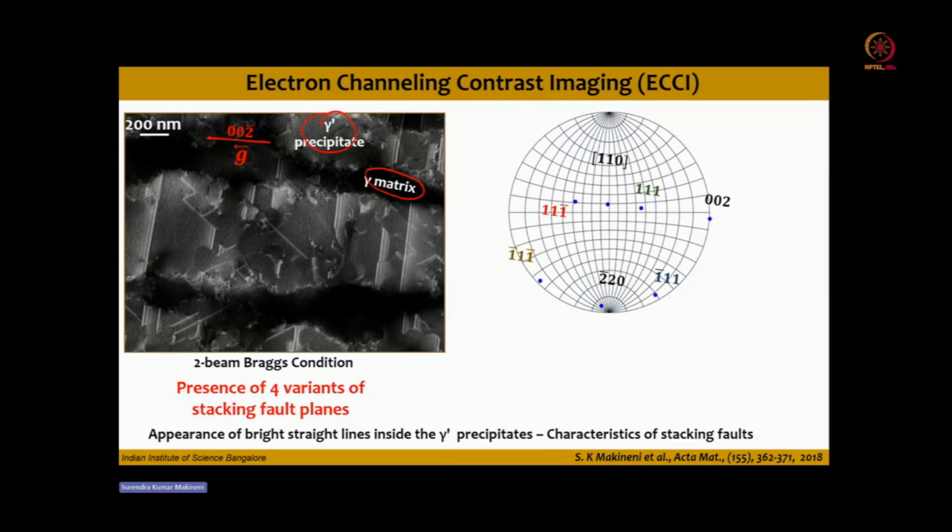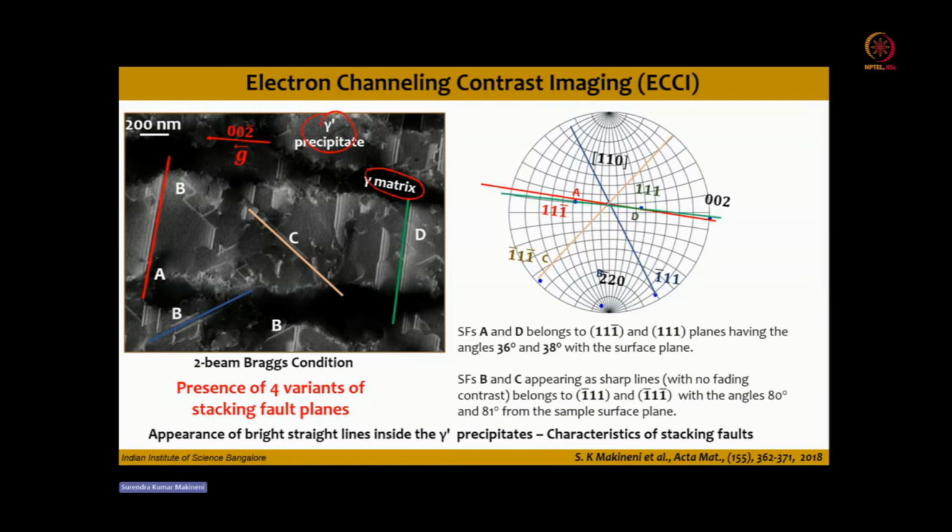Okay, so this particular grain is oriented in two beam Bragg condition, and you can see there are four variants of these defects, these fault planes A, B, C, and D. And you know the orientation of the grain now because it is in the channeling contrast of 002 bar. So you get the stereographic projection, and based on the stereographic projection you can measure the angle of these stacking faults which they are making from the sample surface.